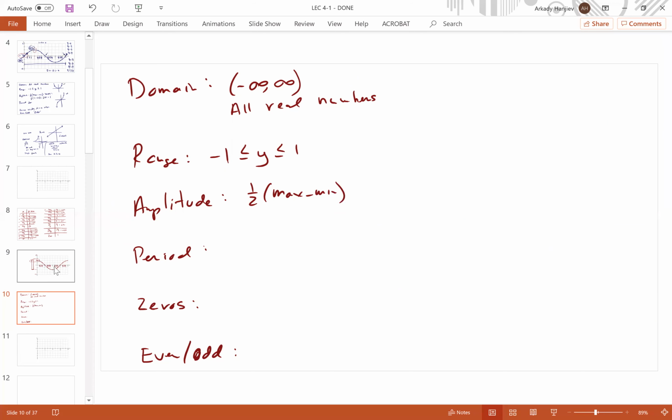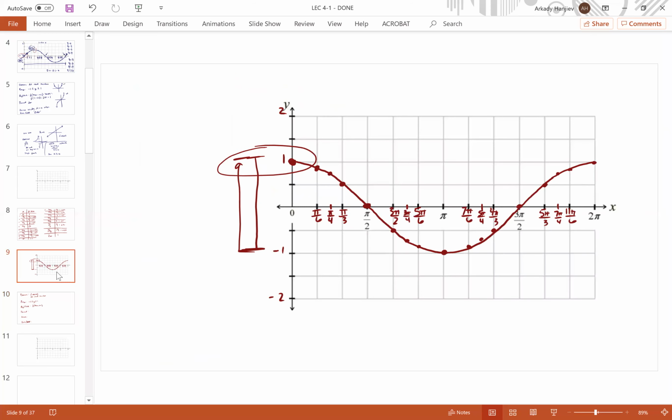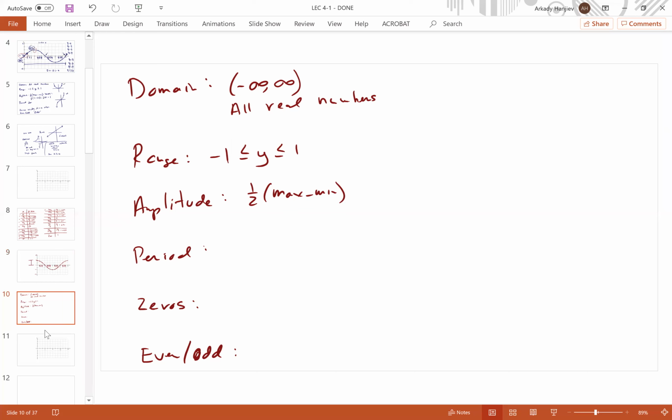Graph wise, it's the middle of the graph here, and then just how high does it go? That little piece right there. Or it's the range divided by 2. So in this case, are you guys okay with just 1? Going from the middle of the graph to the top is just 1.